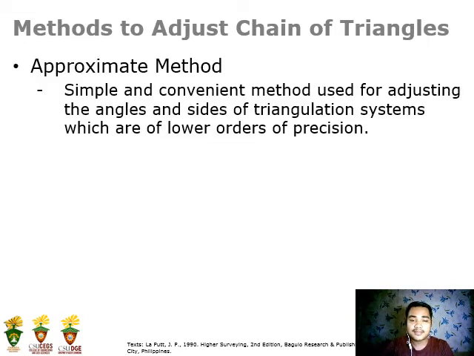Next is the approximate method. The approximate method is the simple and convenient method, used for adjusting angles and sides of triangulation systems of lower order precision. It is not the same as least squares, which is for higher order of precision. So if you are attaining a triangulation of higher order of precision, the approximate method is not suitable.